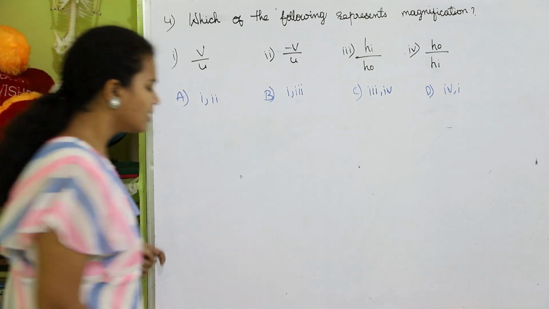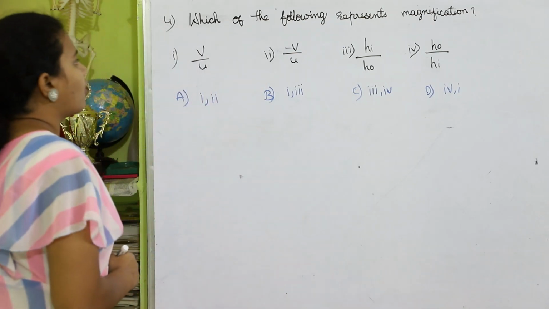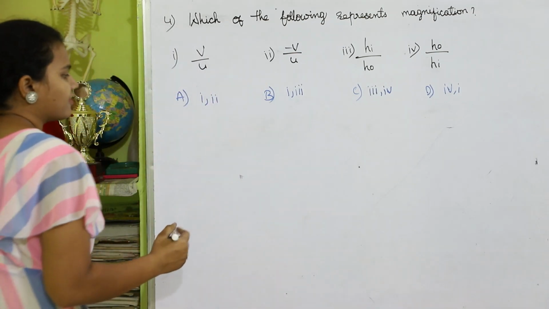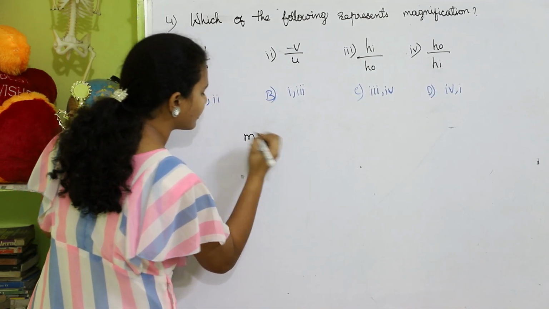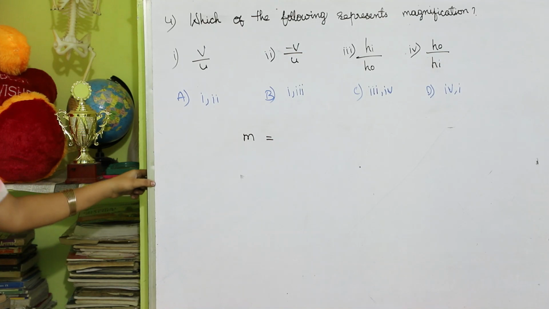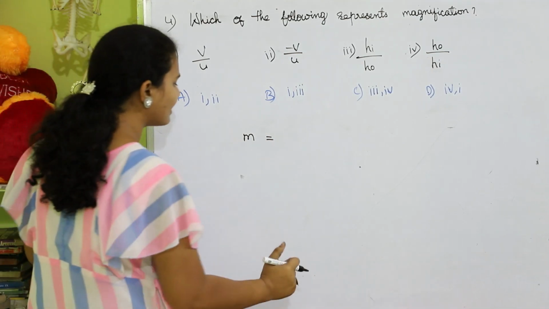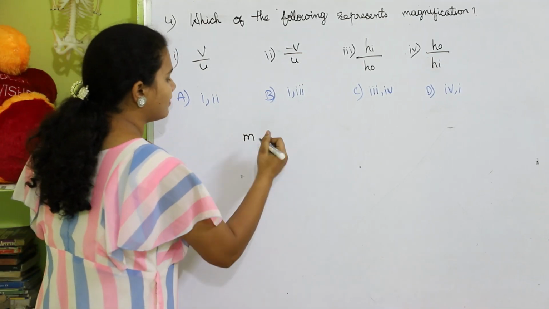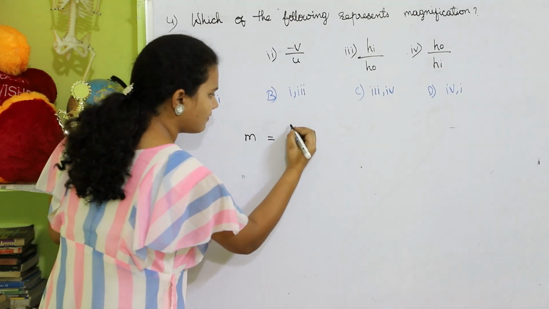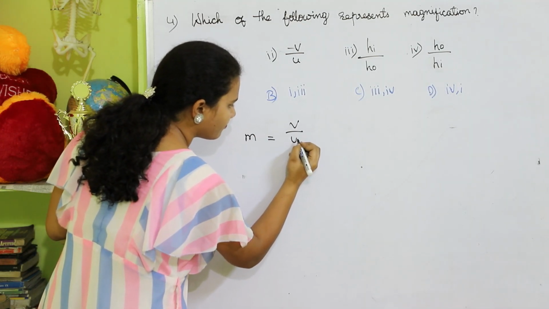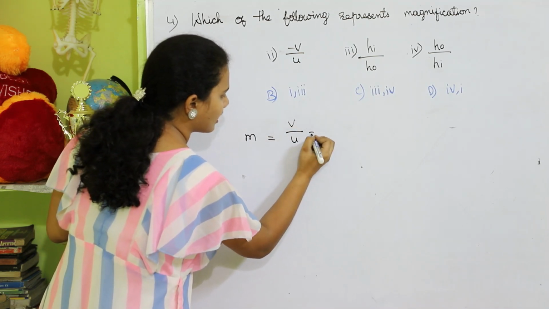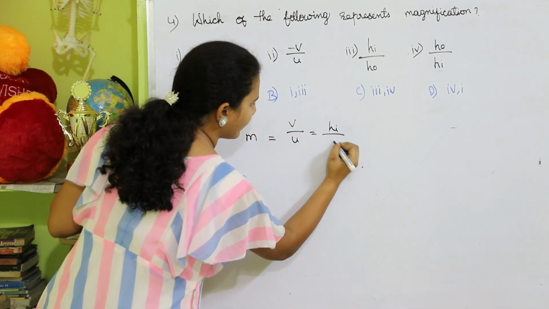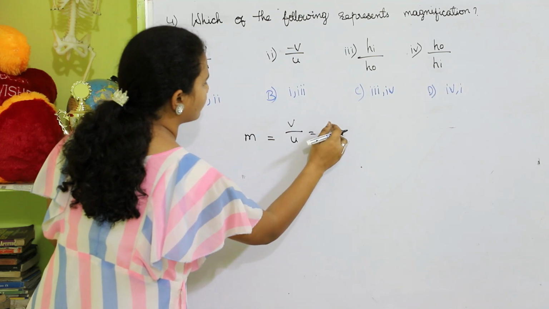Now the question is, which of the following represents magnification? Well, magnification is represented by M, right? What is the magnification formula? Well, we know the magnification formula will be V by U equals HI by H naught. This will be the formula for the magnification.